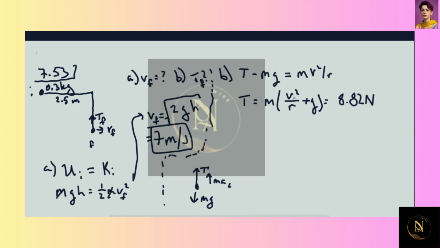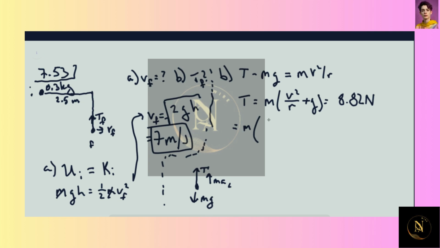And an interesting thing to note is we can take this expression and put it in here, and we'll see what we get. So squaring this is going to get rid of the square root. Now h, the distance that it drops, is equal to the length of the string and also the radius of the circle through which the potato is moving.